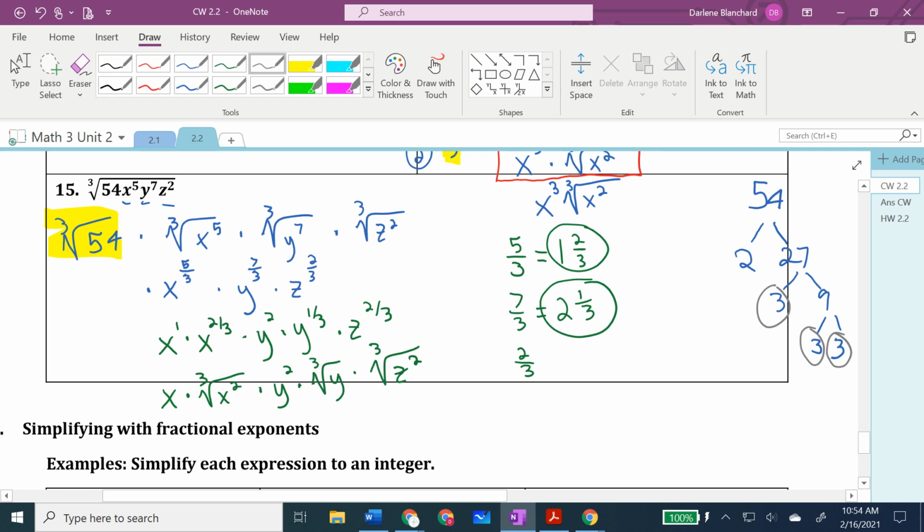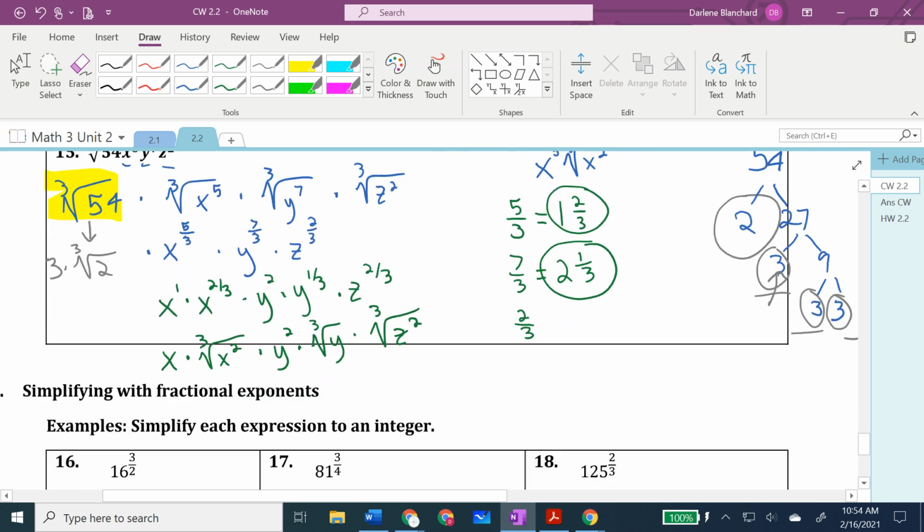So if 3 is multiplied 3 times, then that means the 3 comes out of the cube root, the actual number 3, not how many times it's showing up, times the cube root of what didn't come out, 2.